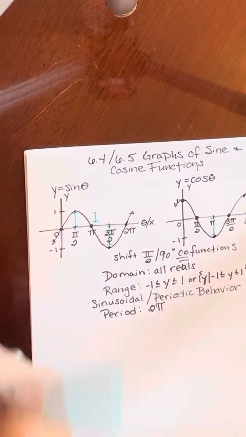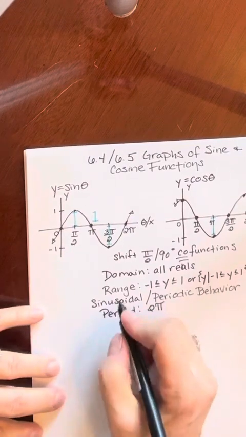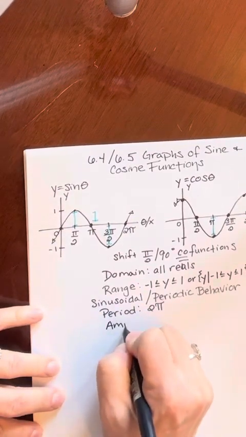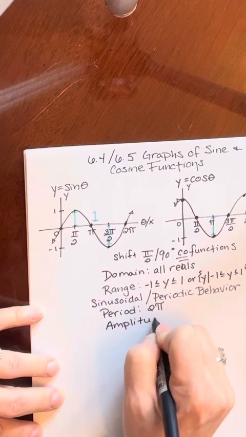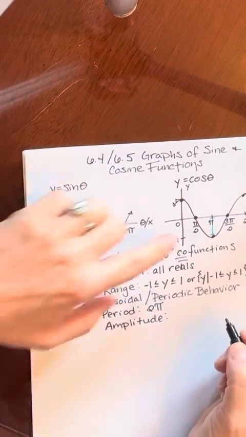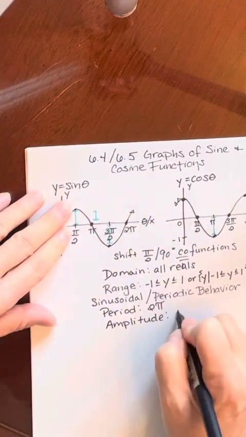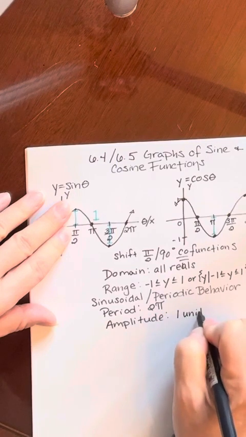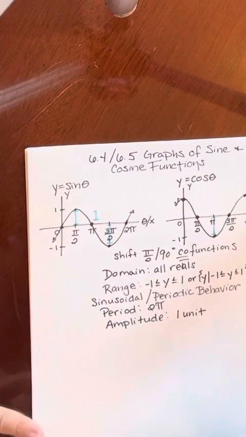So that's a special name. It's called the amplitude. And in this case, for both of these, it's 1 unit.